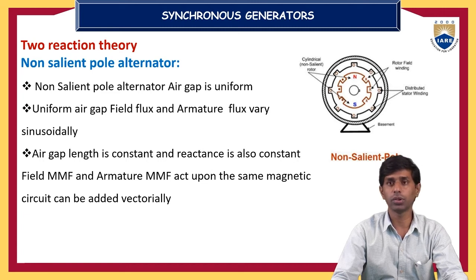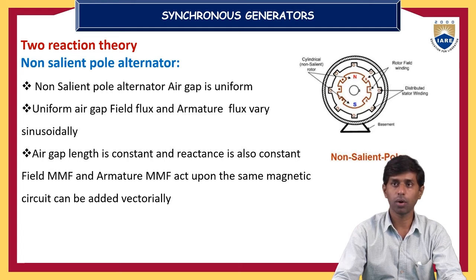So the air gap is uniform, and the flux produced by the field winding is uniformly distributed and very sinusoidal, and the reluctance is constant throughout the armature. Throughout the air gap, the reluctance offered by the air gap is also constant, the air gap length is constant, and reactance is also constant.